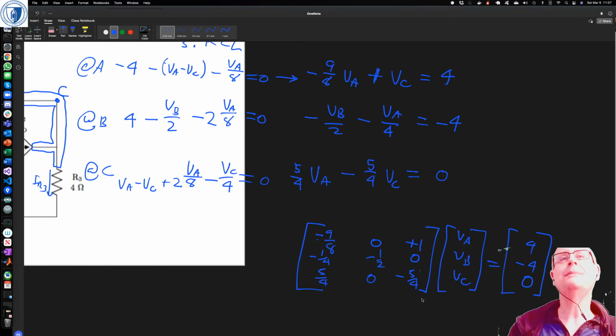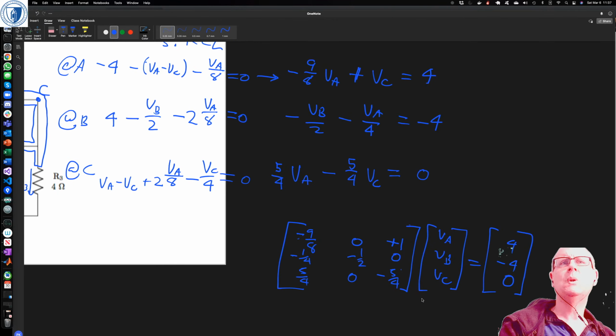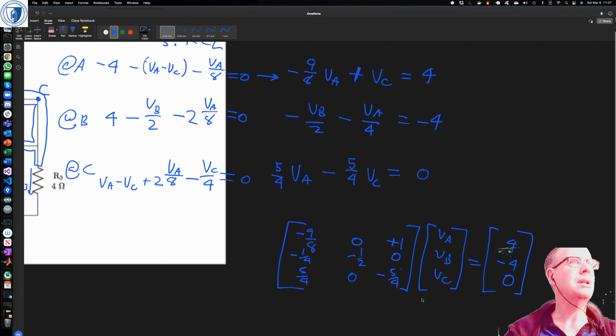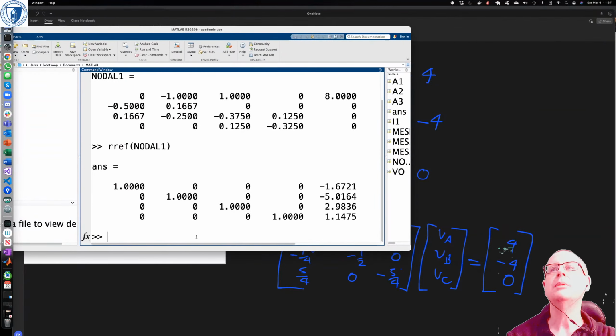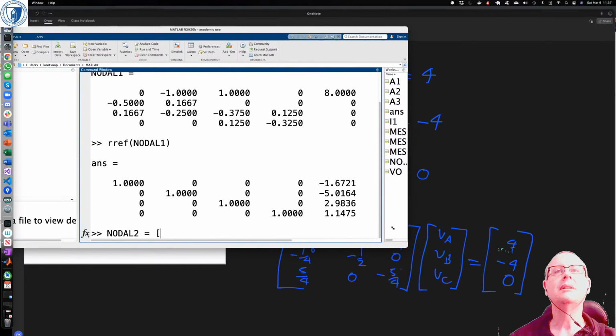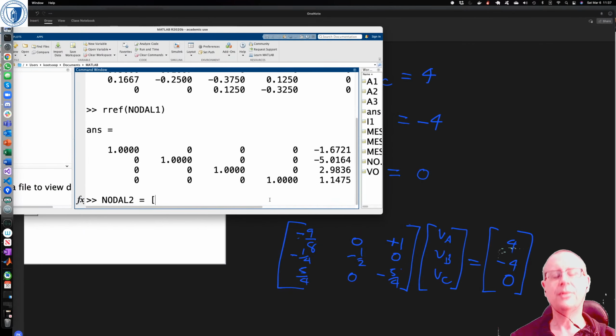Okay, so I think I just need to plug all of that into Matlab now. I clicked on the wrong thing and it disappeared on me. There we go. So this is Nodal 2. Let's put that up. It's minus 9 on 8, 0, 1, 4.